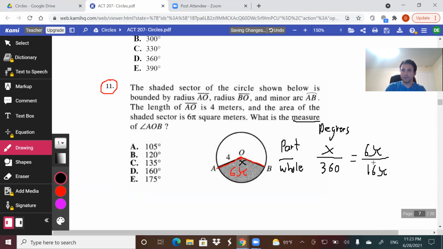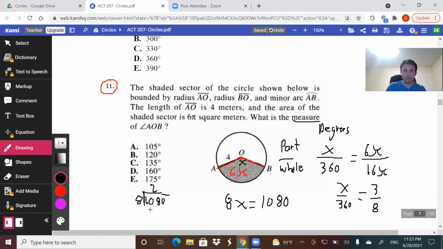So this is going to reduce, 2 goes into each of these, so it's going to reduce to 3/8. And we're going to end up with 8x when we cross multiply. 3 times 360 is 1080. 1080 divided by 8, and I know you'll have a calculator.